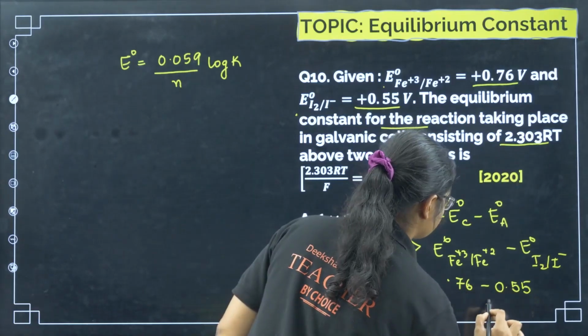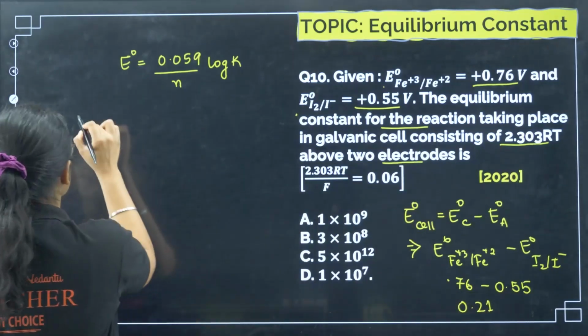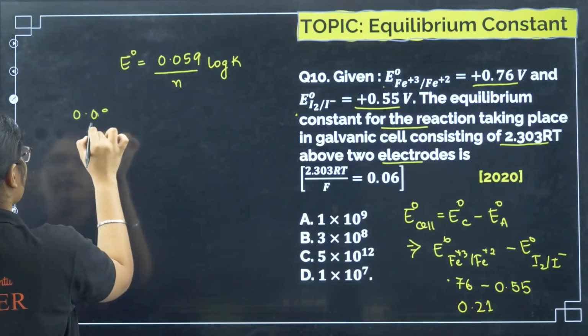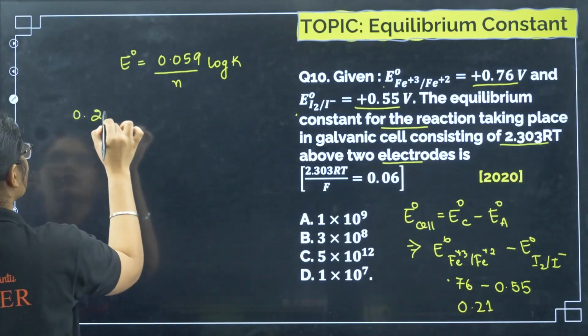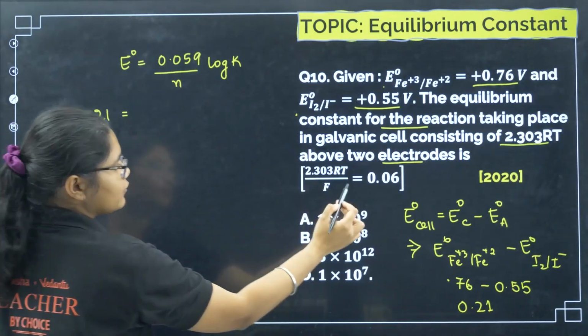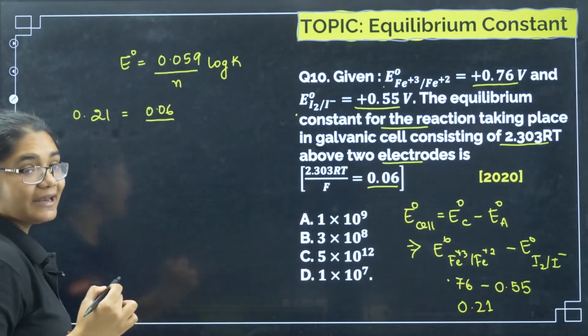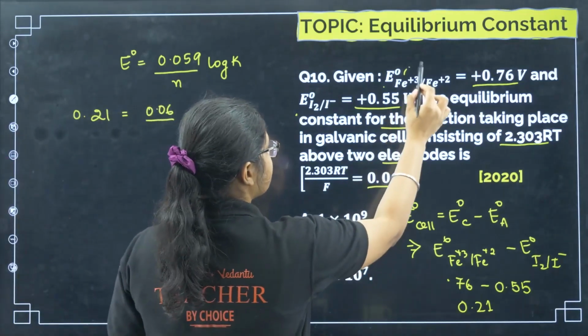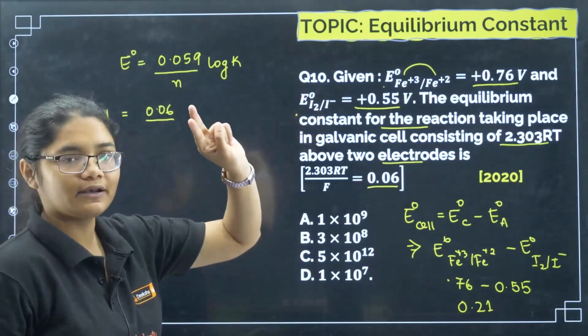6 minus 5 is 1, 7 minus 5 is 2, so I will get 0.21. So E naught of the cell is 0.21, equal to 0.06 by n log K. What is the n value here? Fe plus 3 to Fe plus 2 will require 1 electron, but I2 to I minus will require 2 electrons.